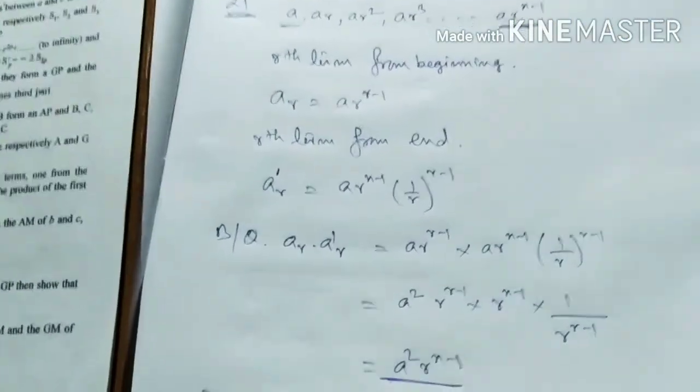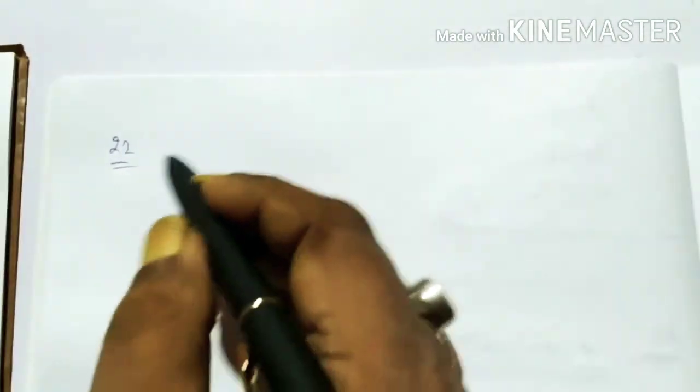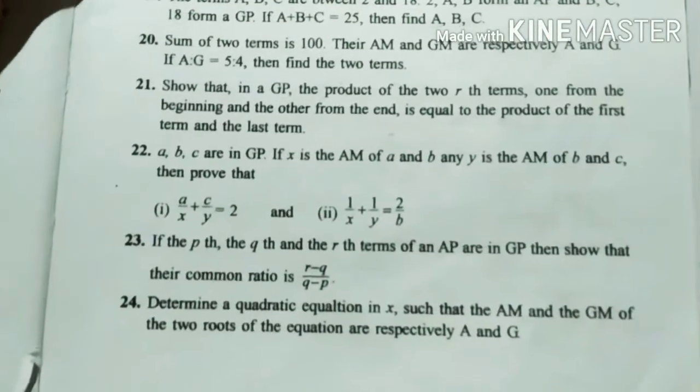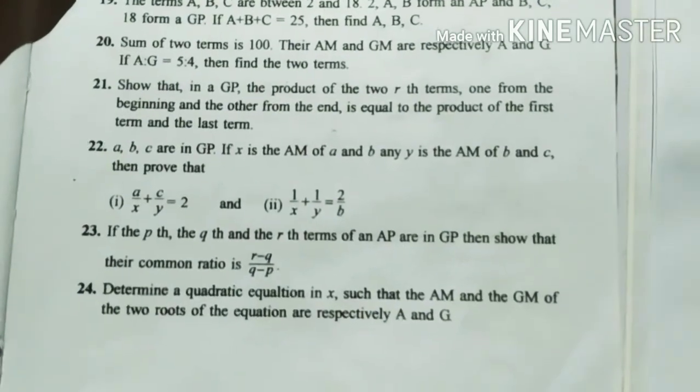Now I am going to question number 22. It is given that A, B, C are in GP.